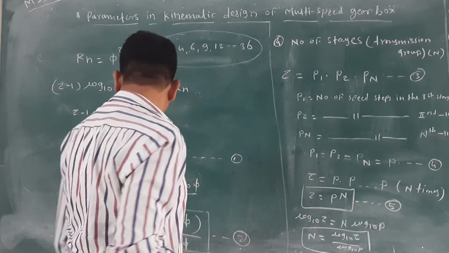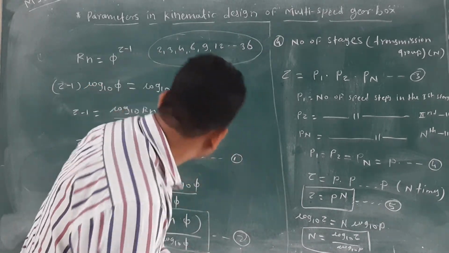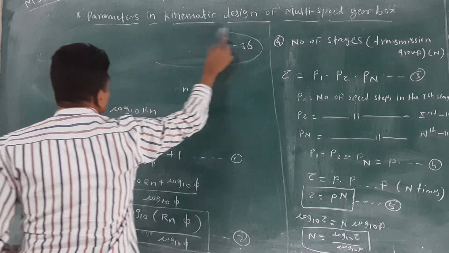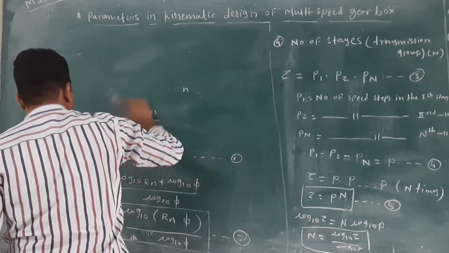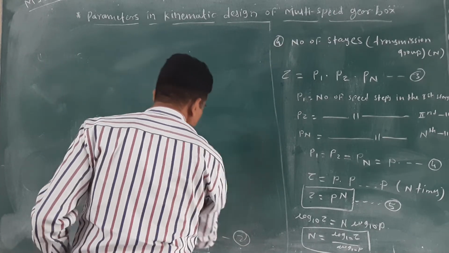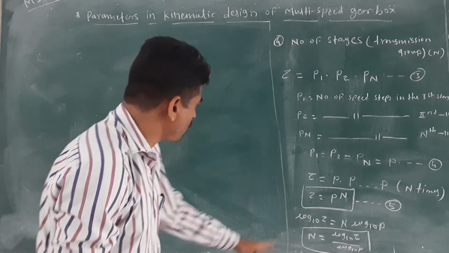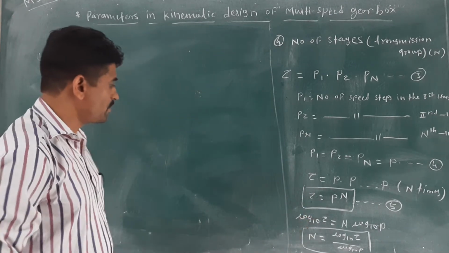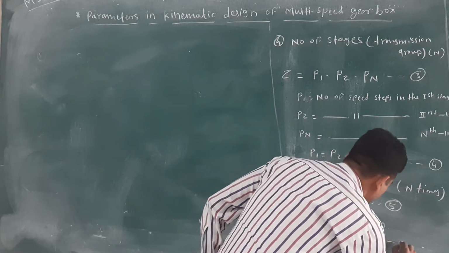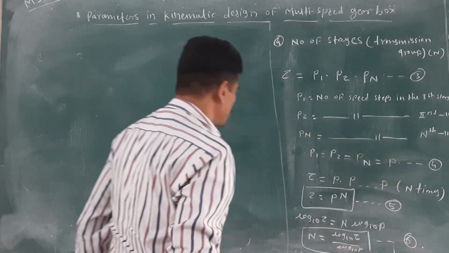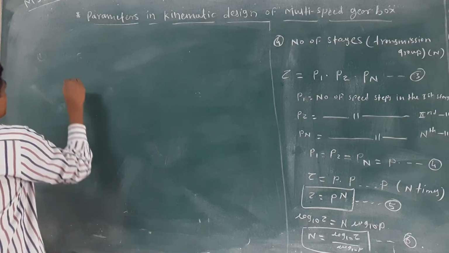When you calculate the number of stages, you should know the formulae for how to calculate it. With the help of these two formulae, equation number 5 and here I will write equation number 6, these two equations are very important.